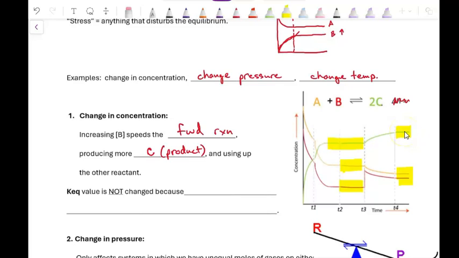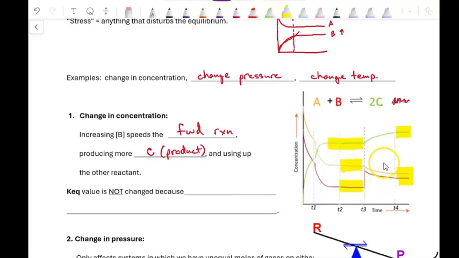Now, before we get any further, let's talk about why did equilibrium get reestablished? Well, if I stress it by adding more B, and that pushes the reaction forward to produce more C, well, eventually, now I've got more C, the reverse reaction is going to speed up. And so they just sort of eventually balance out, and they're both happening at the same rate, and we've reestablished equilibrium.